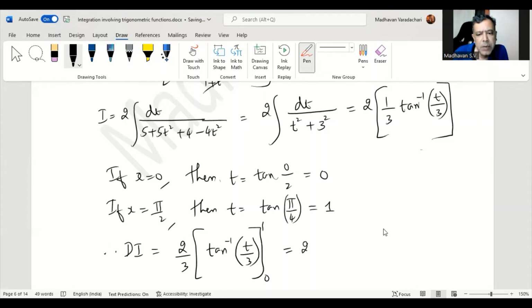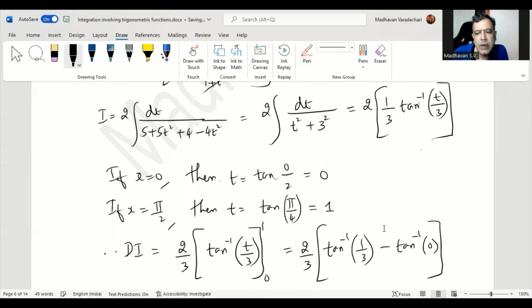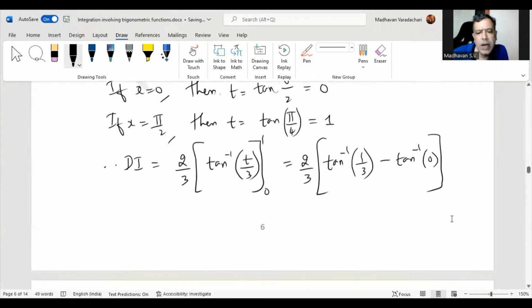So this will become 2 by 3 times tan inverse of 1 by 3 minus tan inverse of 0 by 3, which is nothing but 0, so tan inverse of 0 is 0 only. That means the result will be simply 2 by 3 times tan inverse of 1 by 3. That will be the result.